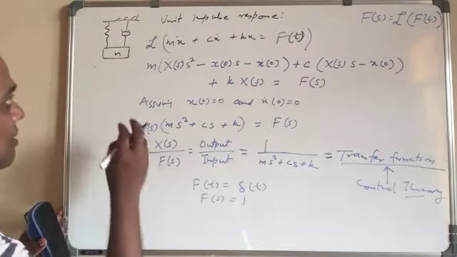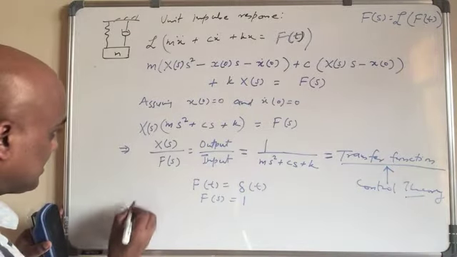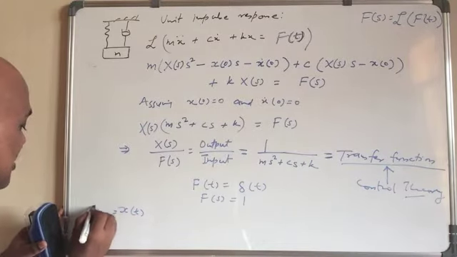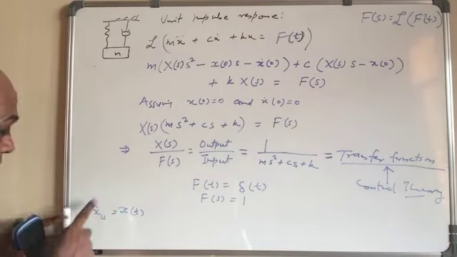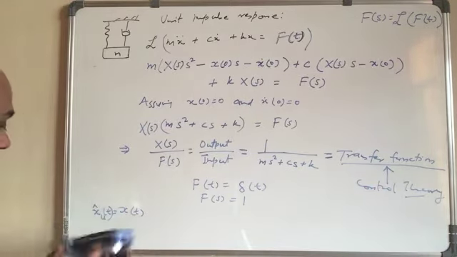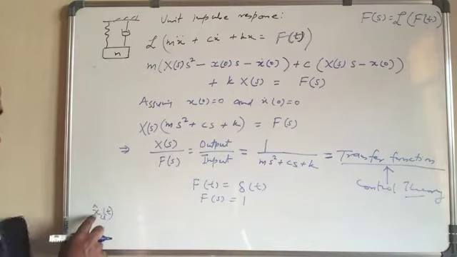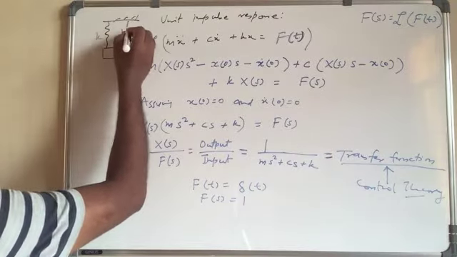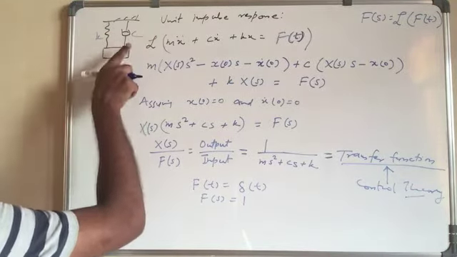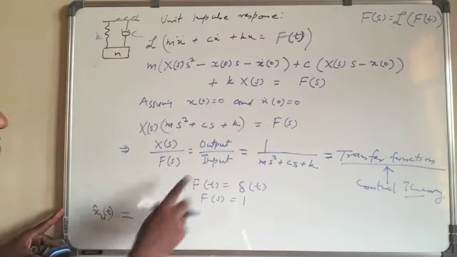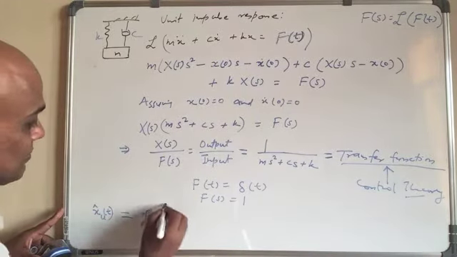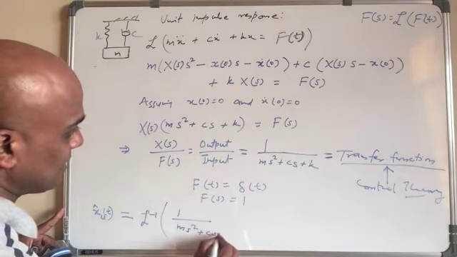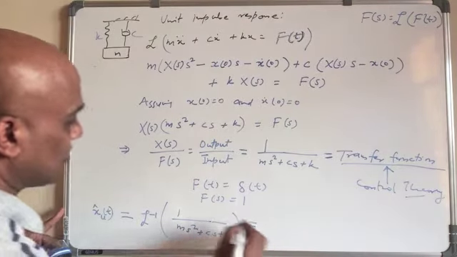That means x(t), which is in fact our unit impulse response, x u hat (t), for this spring mass damper system becomes equal to the Laplace inverse of 1 over (m s square plus c s plus k).